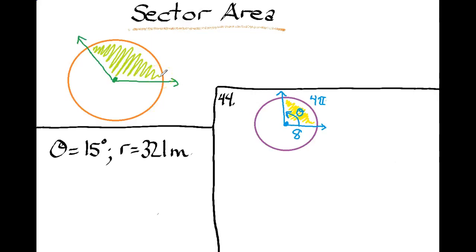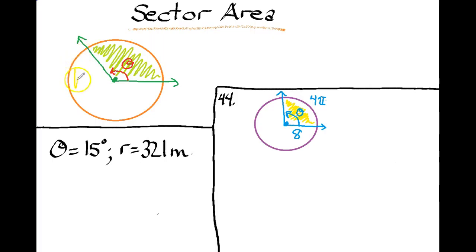Well, let's talk about how we can do that. If we know our angle measure here, let's just say that's theta. If we can calculate the entire area of a circle, we can figure out what percentage of that area we actually need.